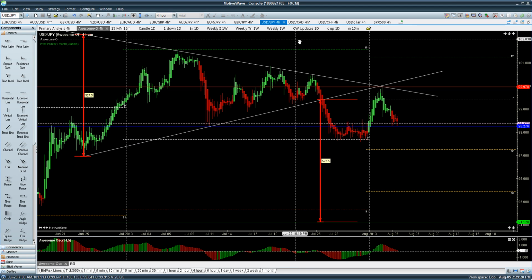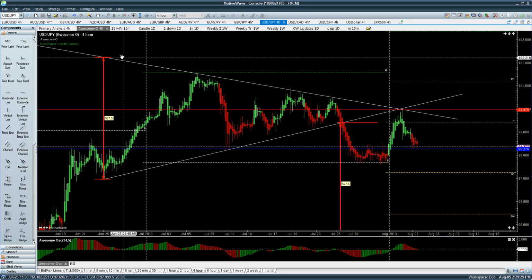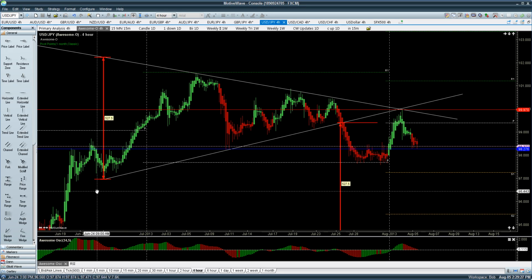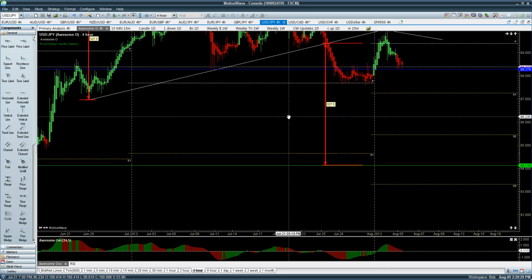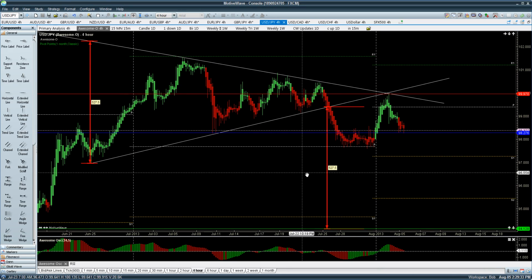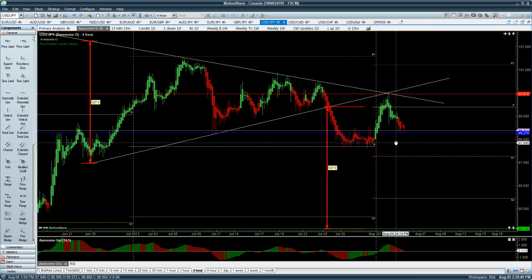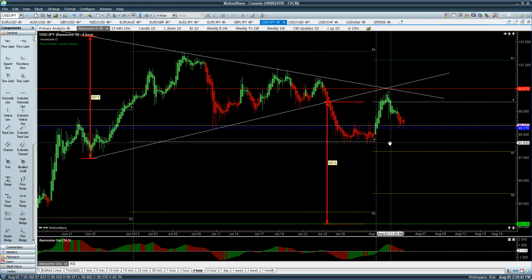Dollar yen. This triangle here measures for 94. Looks like we could be working on a zero line cross here. It did have one up, but it didn't take.